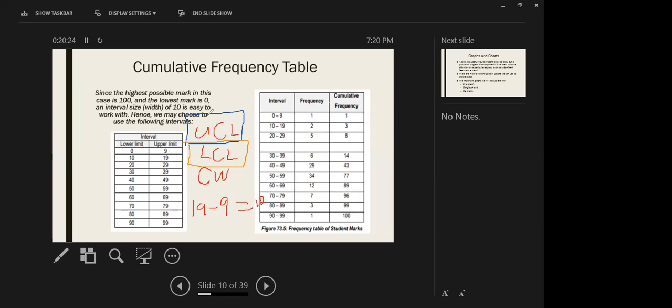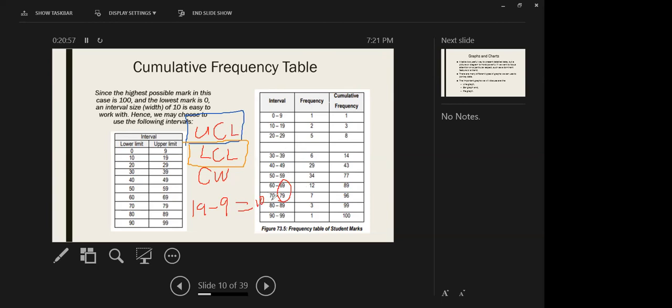The first method I showed you is using the upper class limits of 2 adjacent classes, where we used 19 and 9. Now, when you want to use lower class limits, in this case we take 10 and 0. 10 minus 0, you still get 10. So whichever adjacent classes you use, you still get the same answer. Even if we take these 2 upper class limits, 79 and 69, you still get 10.